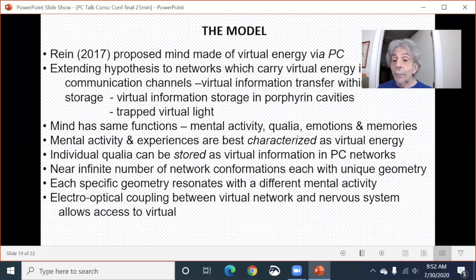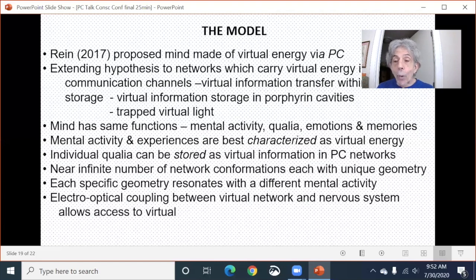So now let's elaborate a little bit more about the model that I'm presenting in this particular lecture. In 2017, I first proposed that phase conjugation occurred in the brain. Well, actually, that had been proposed before, but that the virtual energy part was the critical part, and that in fact that is what the mind is made of.